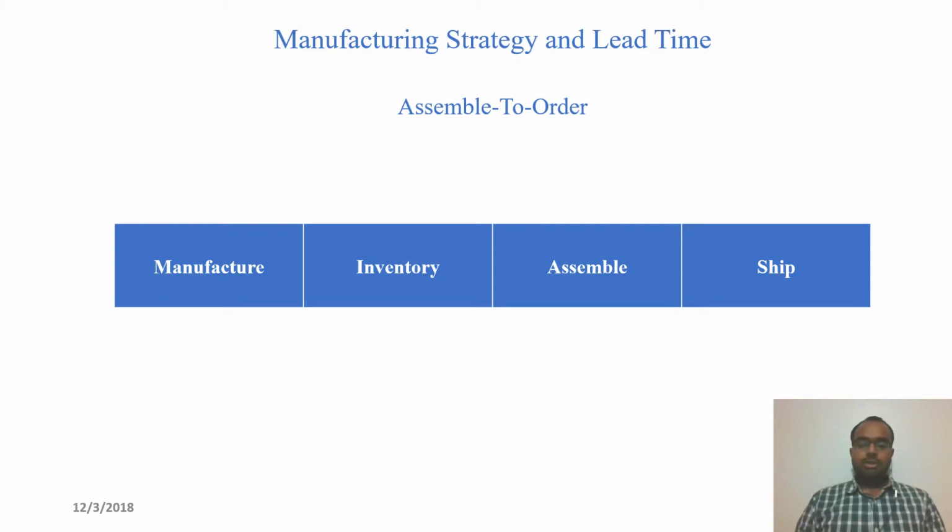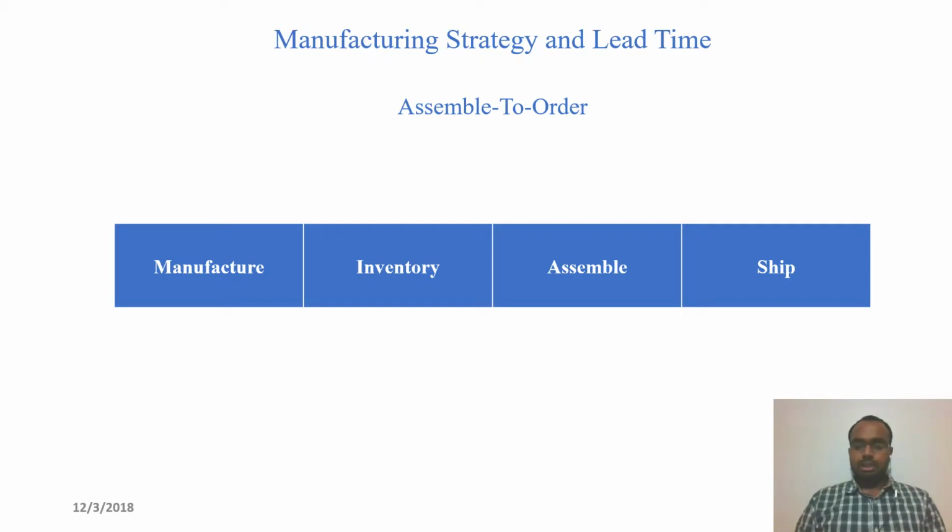In the manufacture stage, the raw materials are converted into subcomponents. In the inventory stage, the subcomponents are stored in the warehouse waiting for the customer's order. Once the customer order is received, the assemble stage starts. In this assemble stage, the subcomponents are converted into final products.